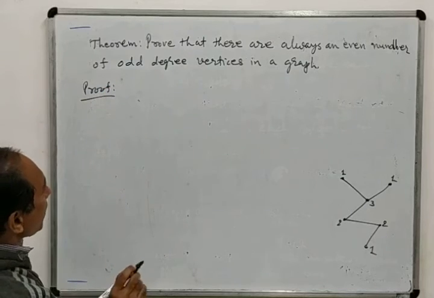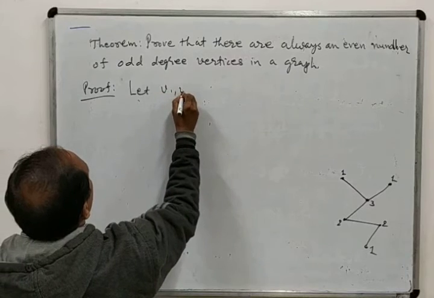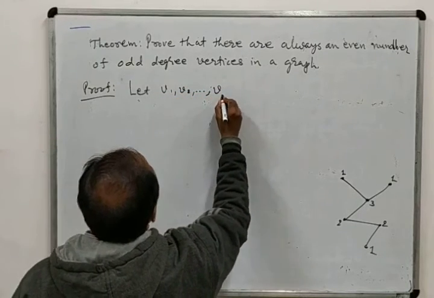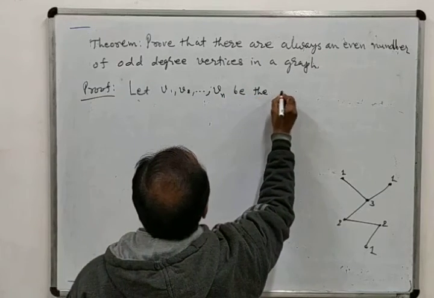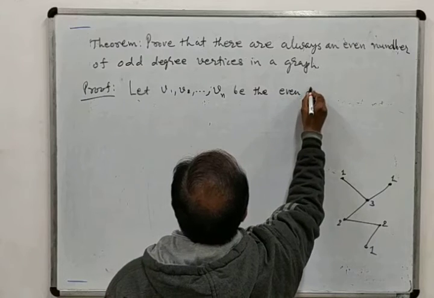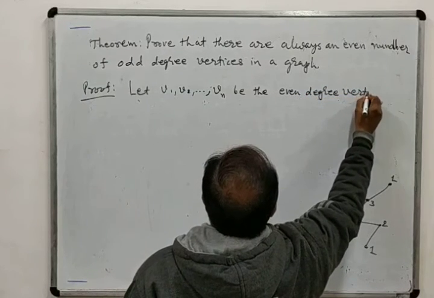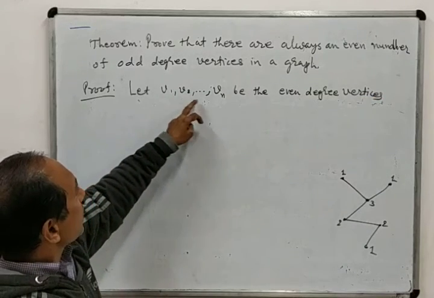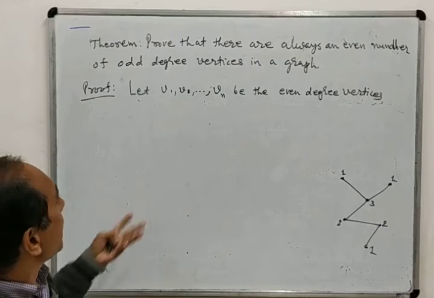Suppose that V1, V2, ..., Vn be the even degree vertices. That means all these vertices have even degree, that means either degree 0, 2, 4, 6, 8 like this.